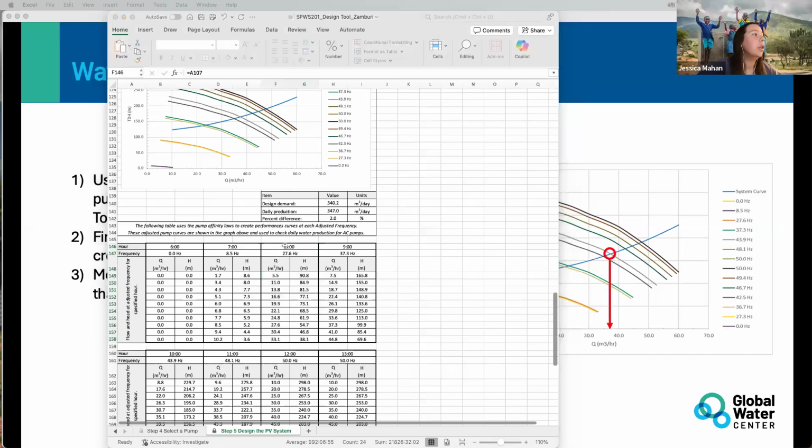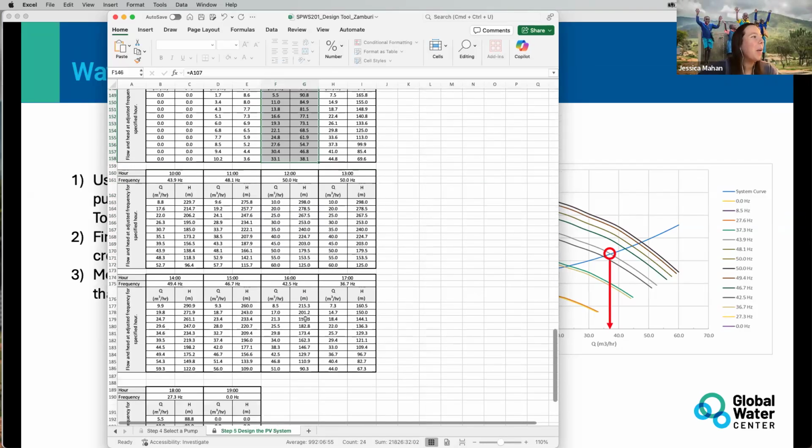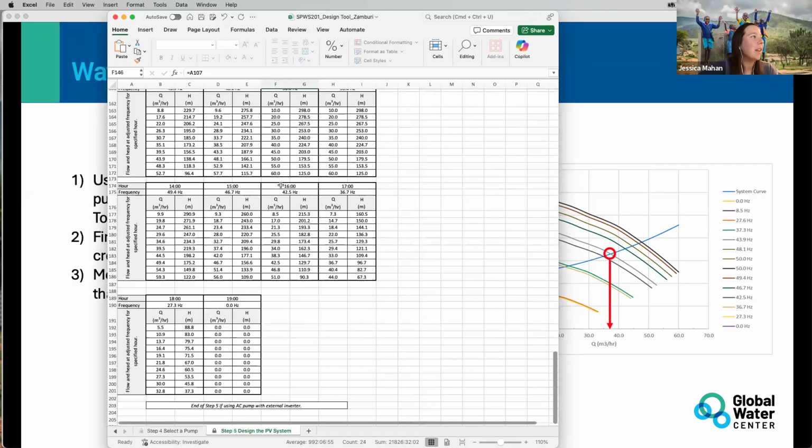We're using the same process that we've shown in examples in the course, just doing it again multiple times throughout the day based on our frequency, and then we can get our flow and our head. Down here is a big table, but each one of these section tables is a frequency curve for your day.